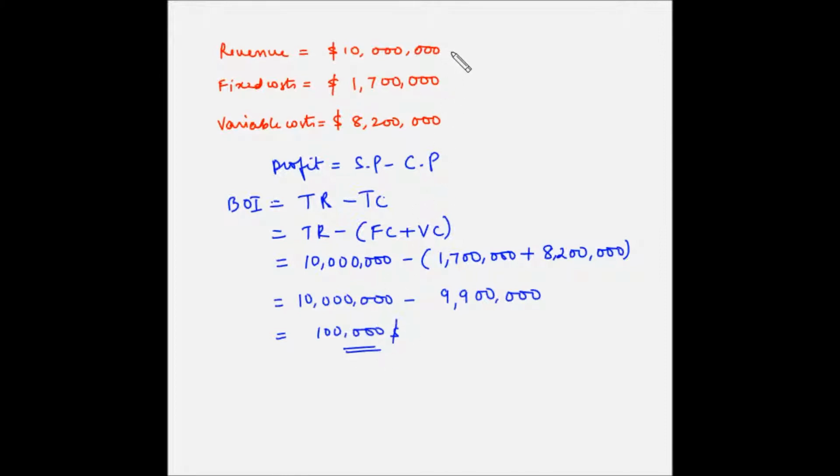So based on the budgeted numbers of revenue, fixed cost and variable cost, the budgeted operating income is expected to be $100,000.